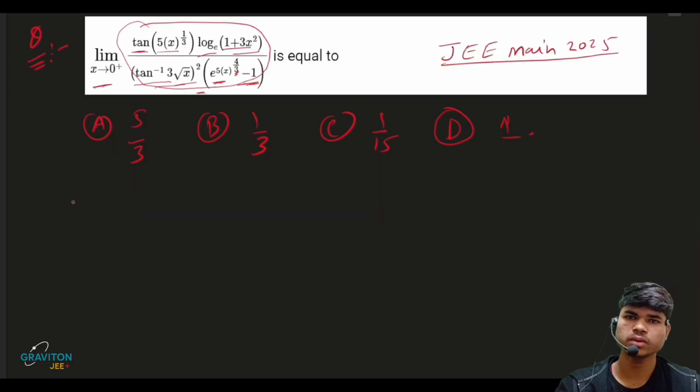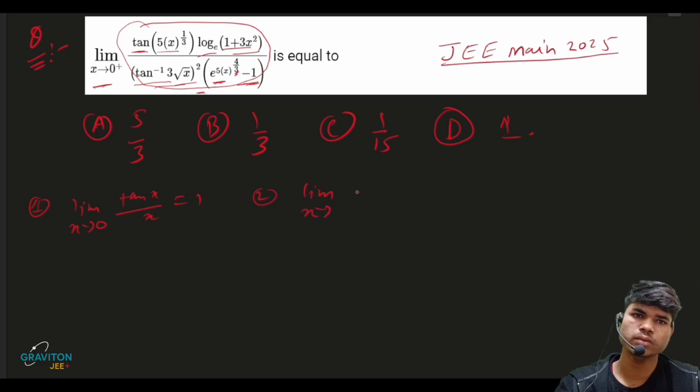Here I will use some standard limit formulas. First, limit x tends to 0 tan x divided by x equals 1. Second, limit x tends to 0 log of 1 plus x divided by x equals 1.